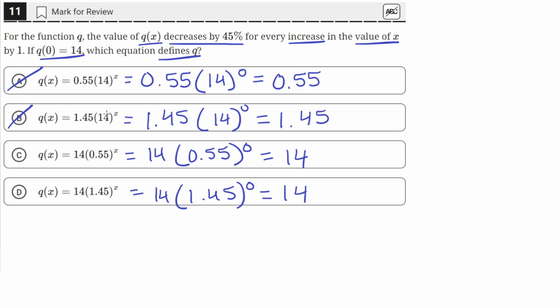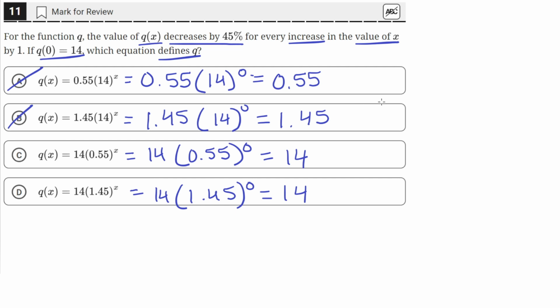Now we need to check which one satisfies the condition that q of x decreases by 45% for every increase in the value of x by 1. We can check that by looking at the base of this exponent here.